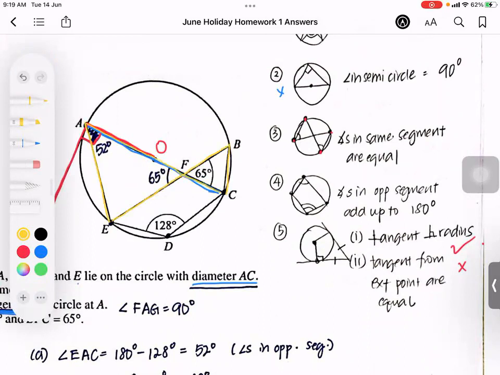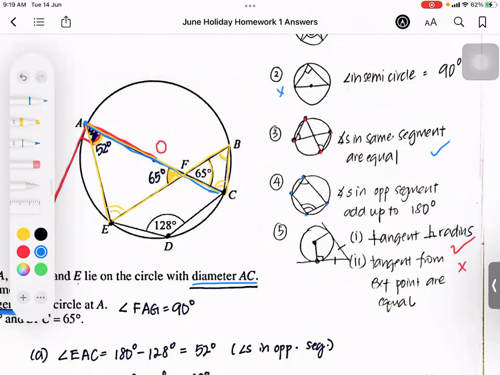The moment I know this, I know this angle and this angle are equal. This angle is vertically opposite, so definitely this one will be 65 degrees. Then I may need to find this angle a bit later. Next, what other properties do I see? Angles in opposite segment, again 4 points: 1, 2, 3, 4.